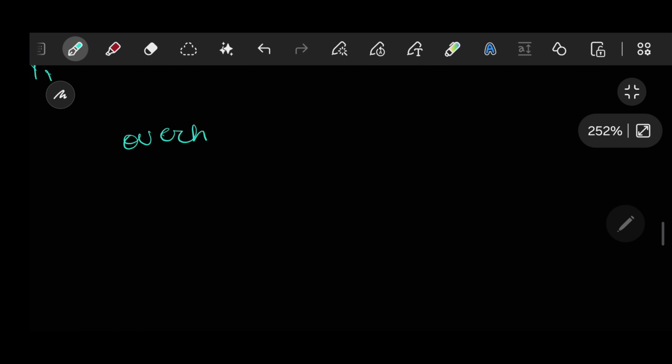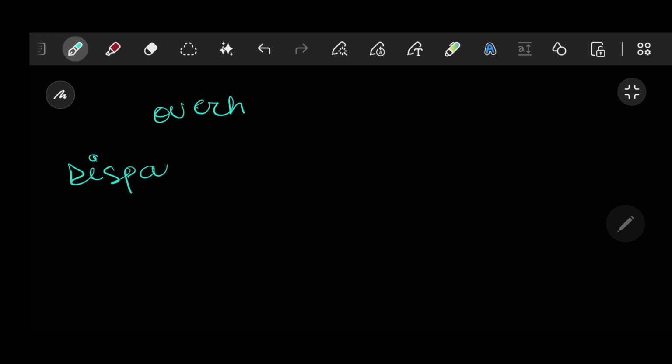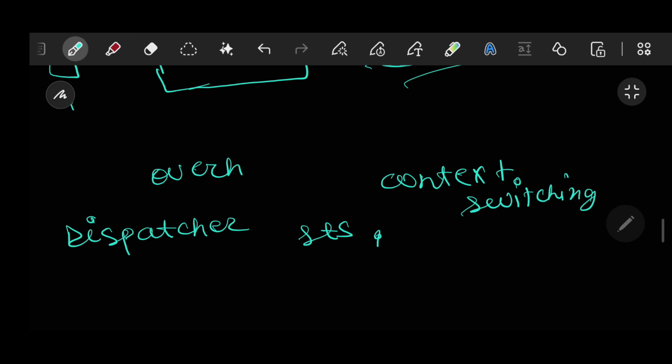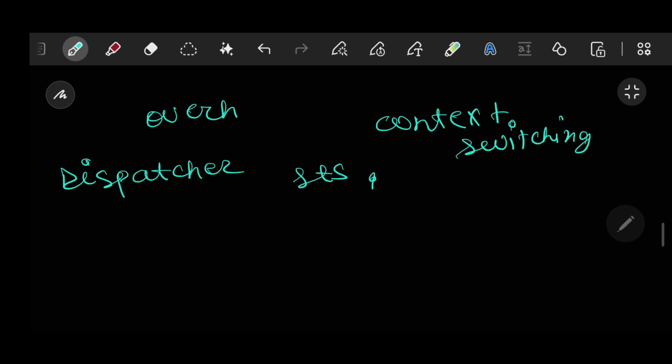So let's discuss how the dispatcher, STS, and context switching work together. Basically, the dispatcher takes the process's current data, such as process variables, general process registers, program counter, and stack values, and stores them into the process control block, so the process can resume its operation exactly from where it left off without losing data.